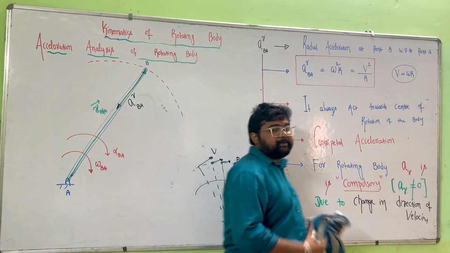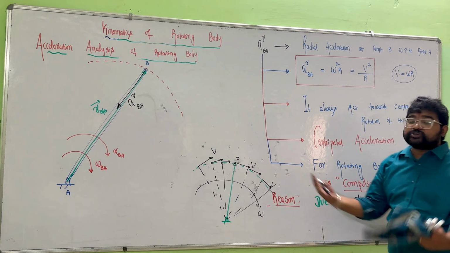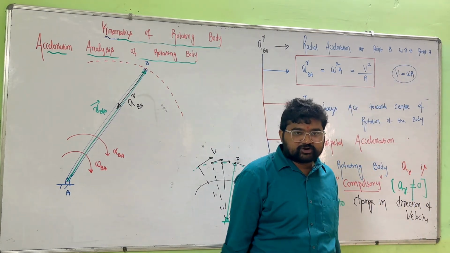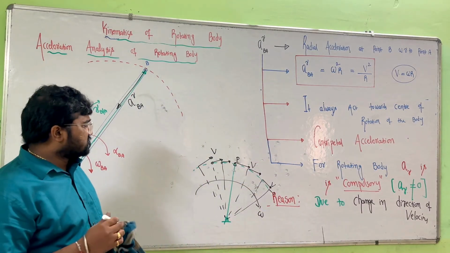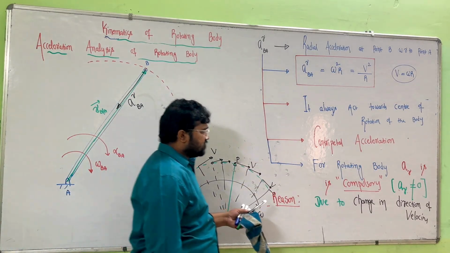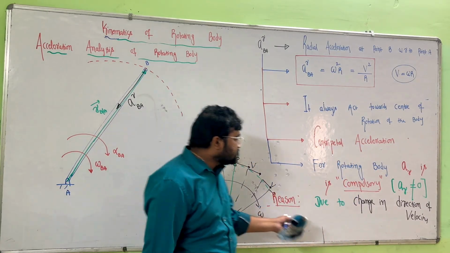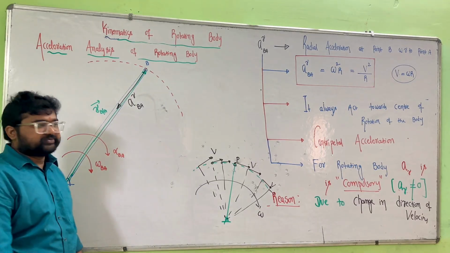For the magnitude of radial acceleration to be 0, omega should be 0. Omega 0 means there is no rotation. That is why it is compulsory. Understood? Radial acceleration is compulsory because of change in direction of velocity at every instant.